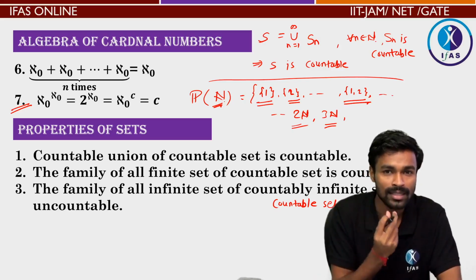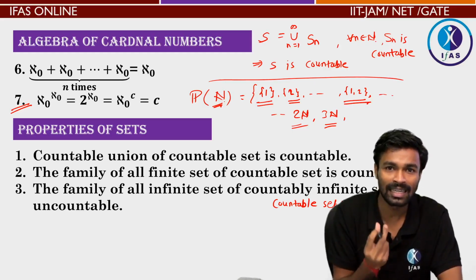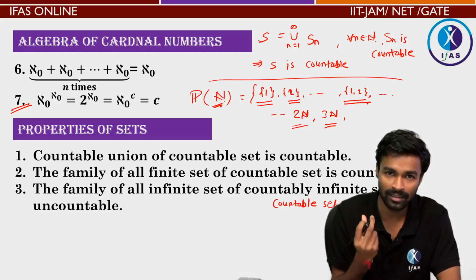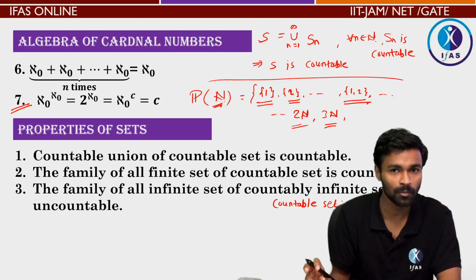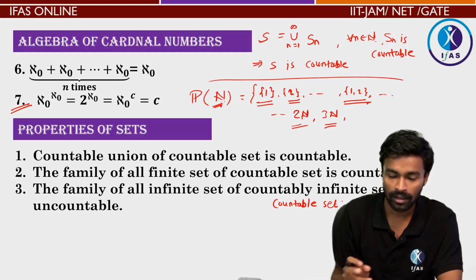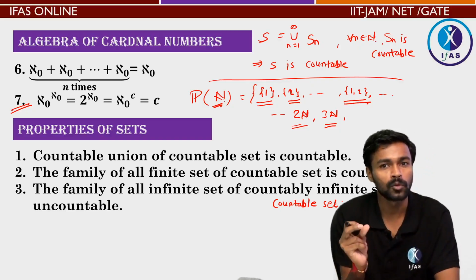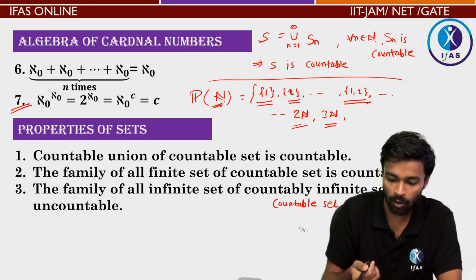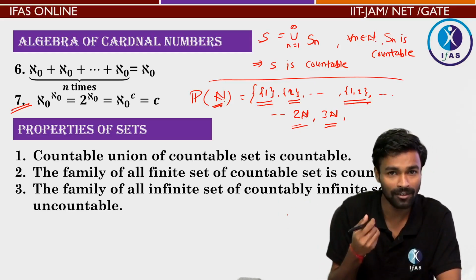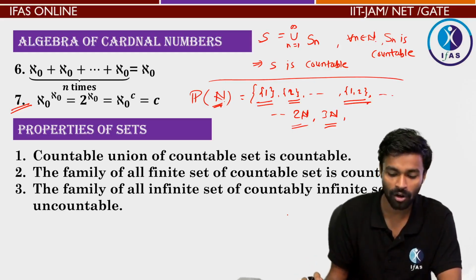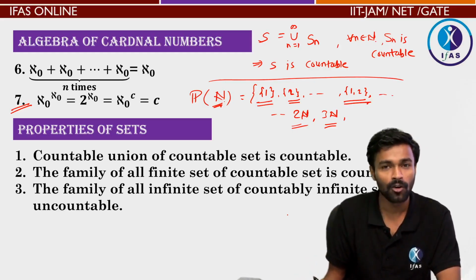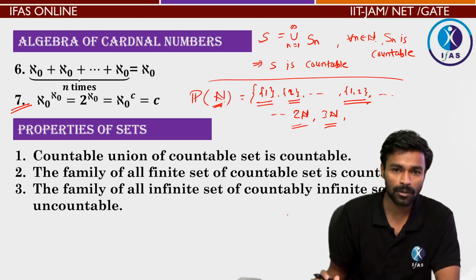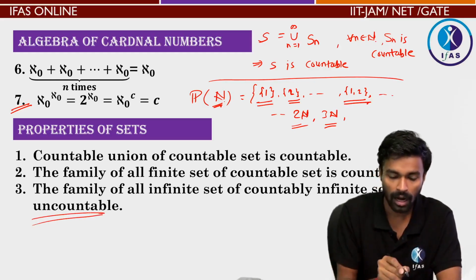A set is infinite if and only if it has a countably infinite subset. This is actually one of the properties of infinite sets. So here I cannot take a countable set, we have to take a countably infinite set. So the family of all infinite subsets of a countably infinite set is uncountable. So this set will be an uncountable set.